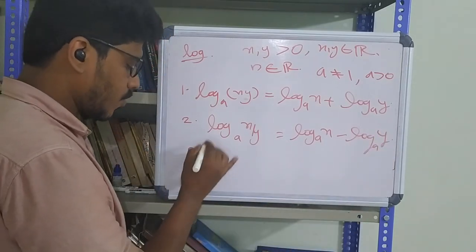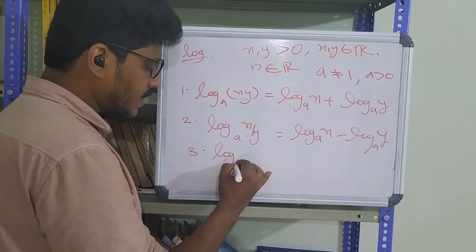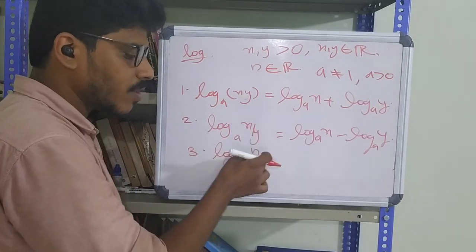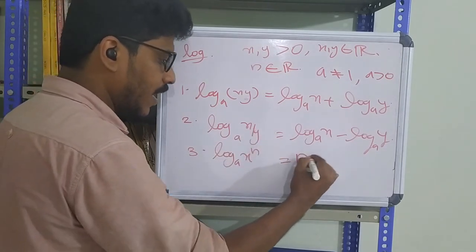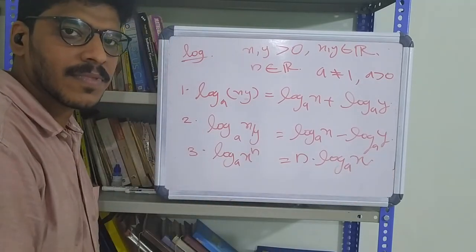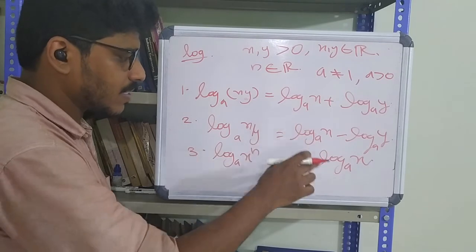Third property is log to the base a of x raised to n, is equal to n times log to the base a x.